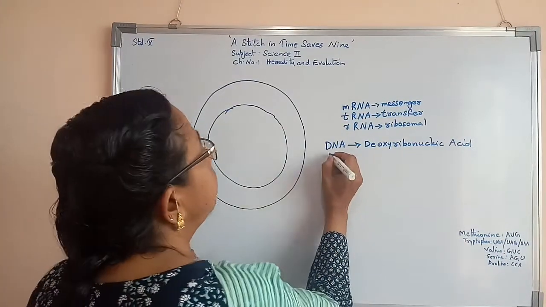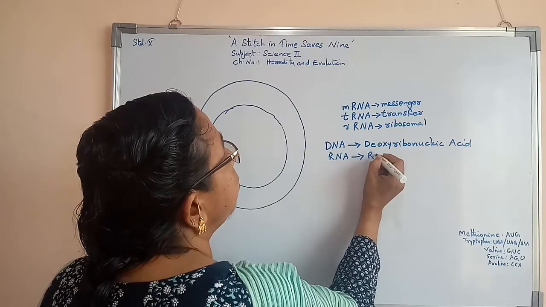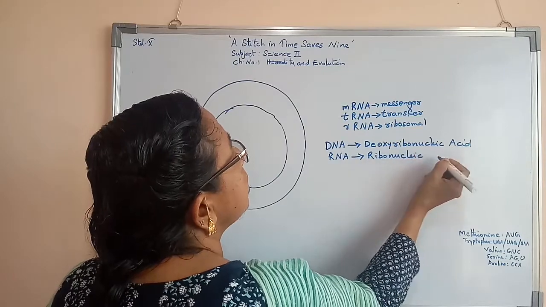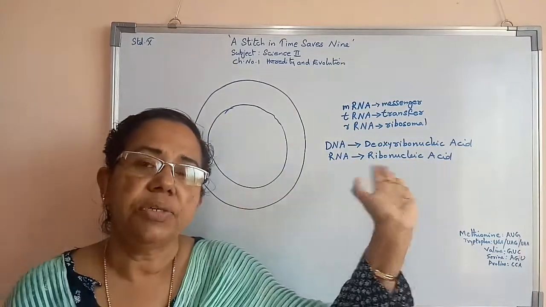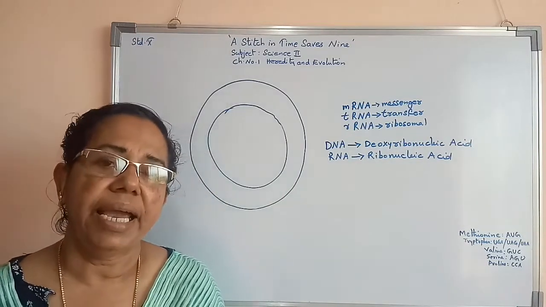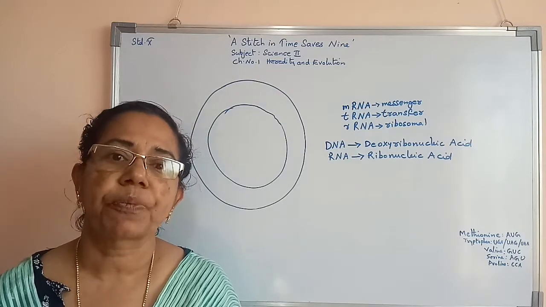RNA, its full form is ribonucleic acid. DNA is deoxyribonucleic acid, and RNA is ribonucleic acid.